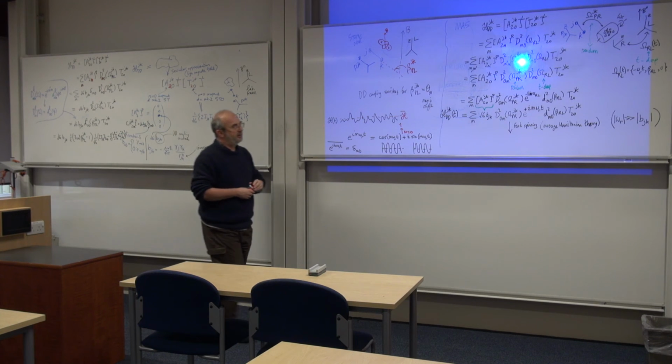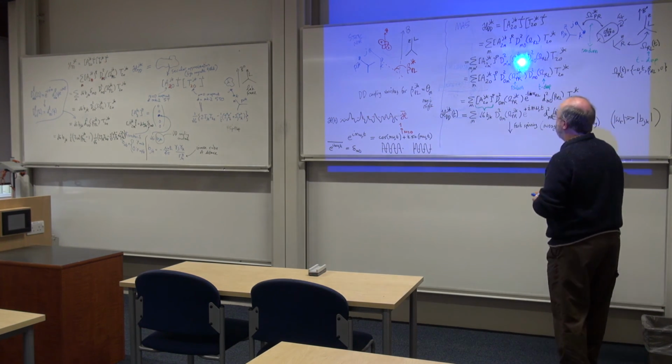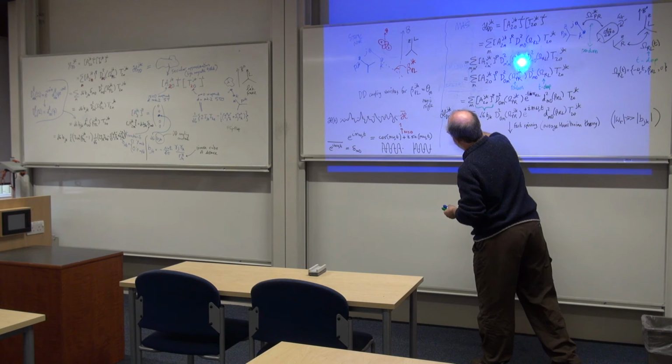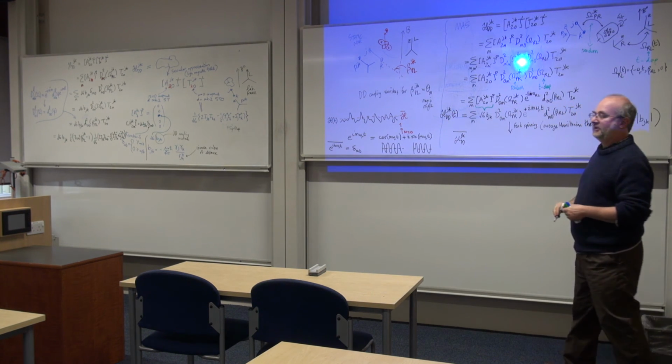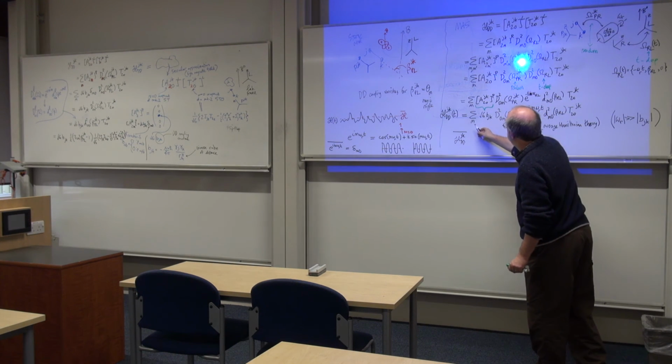So then things get simpler. In this sum, after averaging over time, and I write down the average Hamiltonian over time, the only term which remains is m is 0.